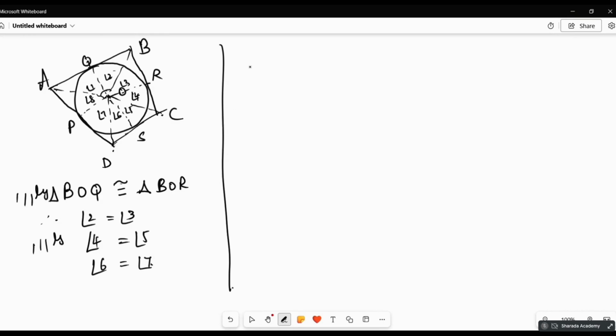So I can write we have 1 plus 2 plus 3 plus 4, 5, 6, 7 and 8 together it is 360 degrees.